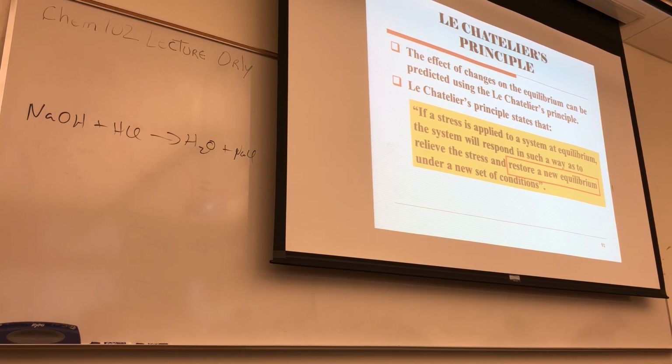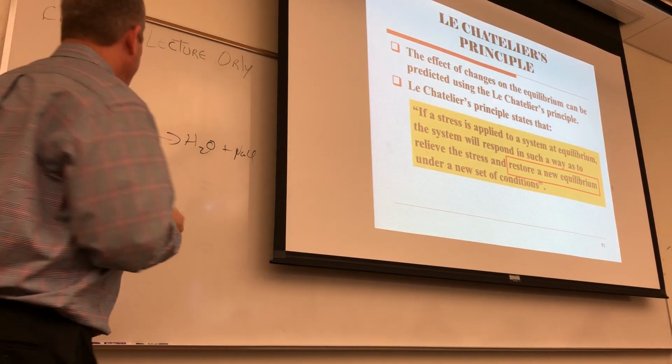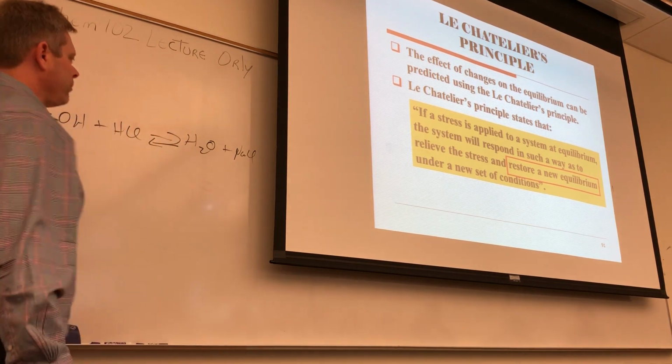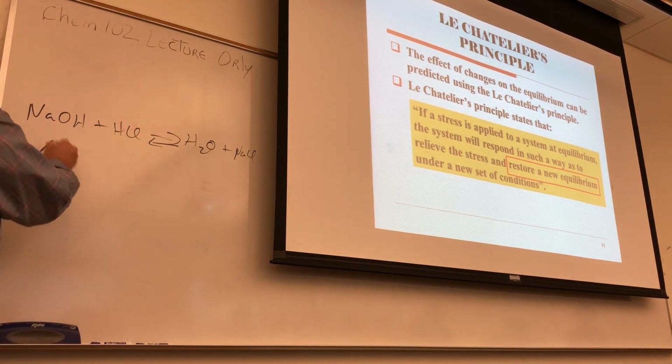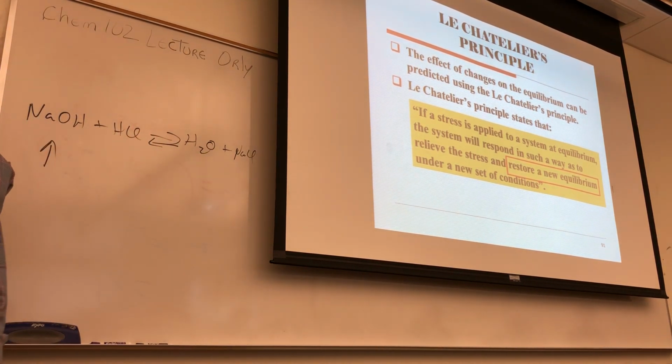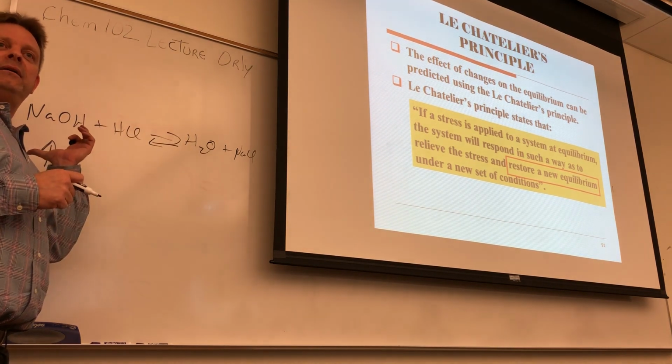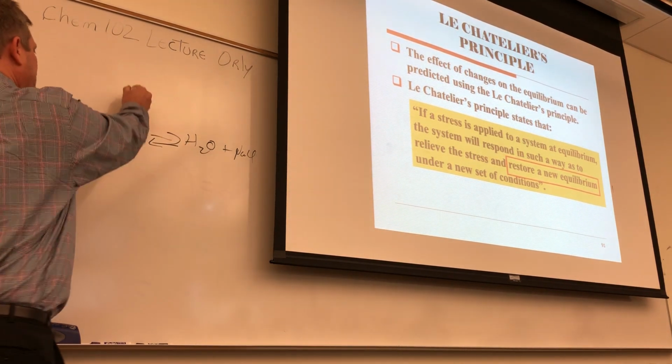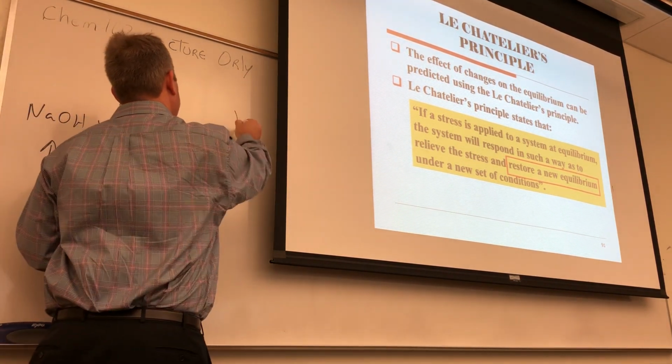So if this was an equilibrium, and I apply a stress here, which way will it shift? Don't get confused by that. It depends on what stress I apply. I could apply a stress that forces it either that way or back this way. Same with here, here, and here.